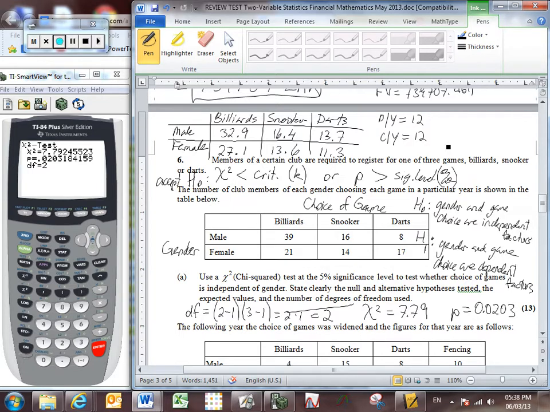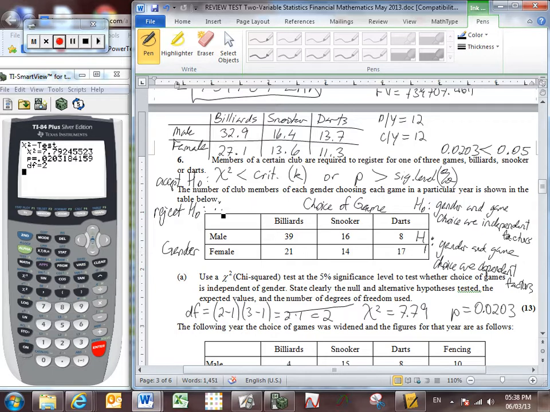Well, if I compare my p-value, 0.0203, to the significance level of 5%, which is 0.05, in fact it is less than. And because p is not greater than the significance level, that means I do not accept H0. So in this case, I'm going to reject H0. Don't know where I'm going to write this. I will reject the null hypothesis.